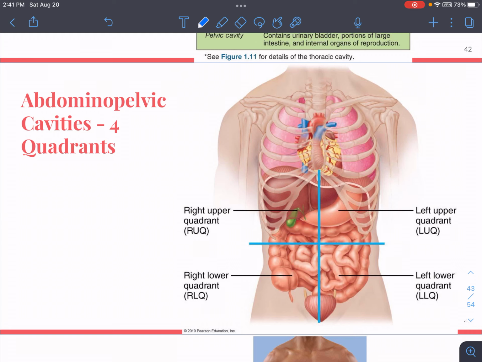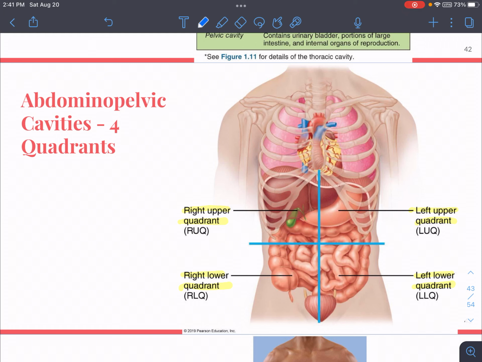The 4-quadrant system, their names are pretty easy to remember because they are named for exactly where they're at, like right upper quadrant, left upper quadrant, right lower quadrant, and left lower quadrant. So the 4-quadrant system is named for exactly where they're at, while the 9-quadrant system is different.